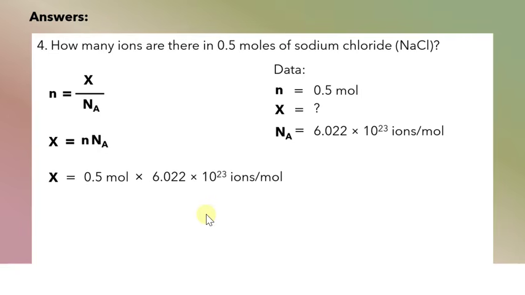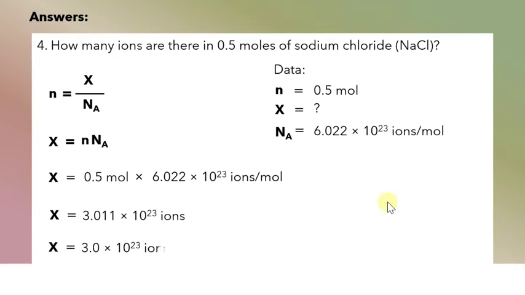After we multiply that, we'll get the answer as 3.011 times 10 to the power 23 ions. Now, sodium chloride is an ionic compound, meaning that it consists of 2 ions, sodium and chlorine. So this answer will further be multiplied by 2, like this.